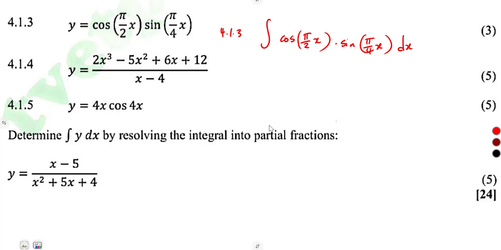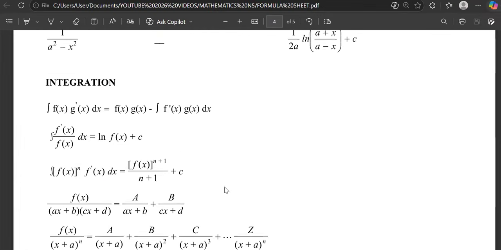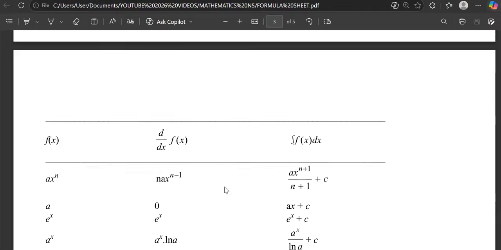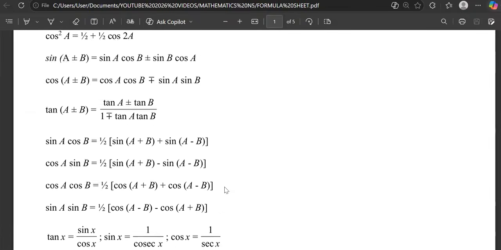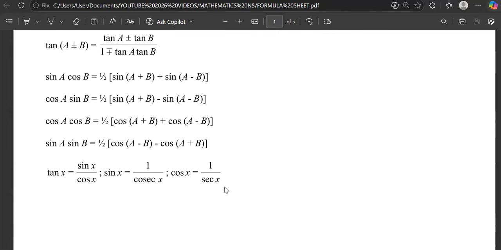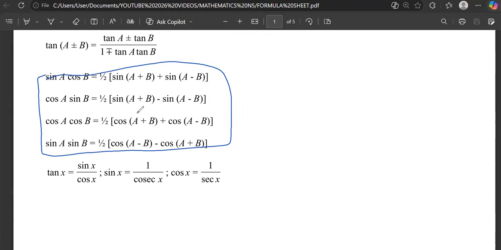Remember that we can change a product of a sine and a cos, whatever that you have, to a sum. Product to sum from our identities. A product, in this case these are the ones that we have here, the products can be changed to sums and what? Differences.